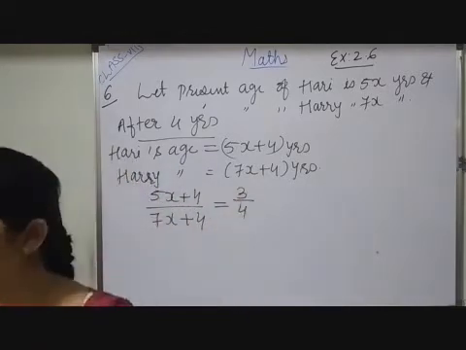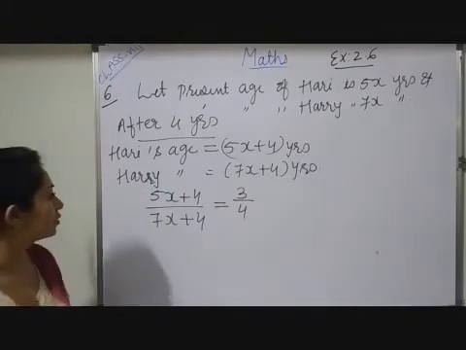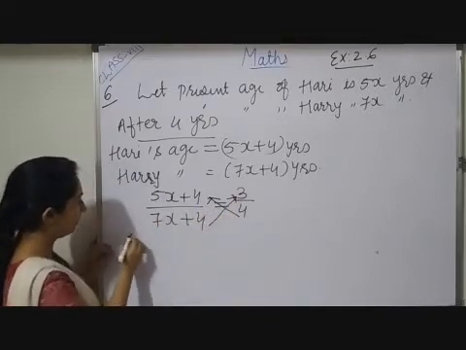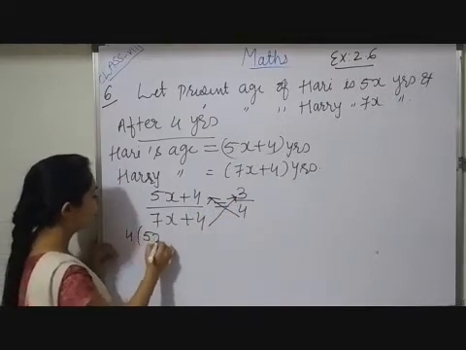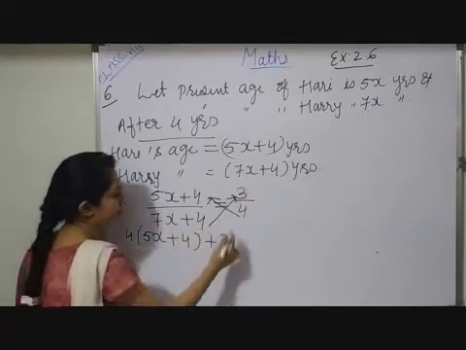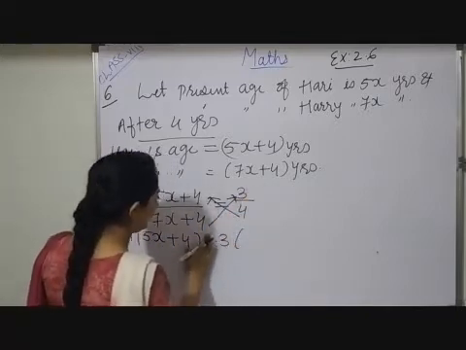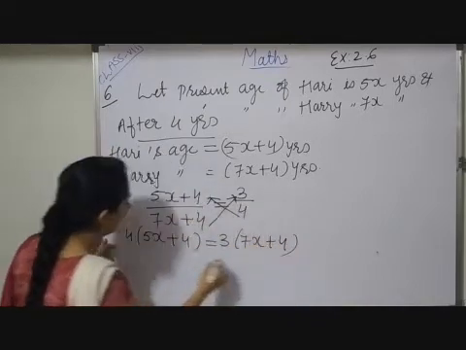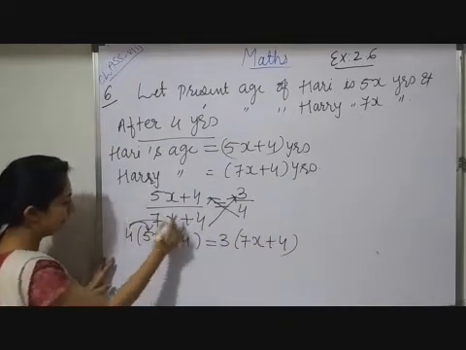Find their present ages. So how to solve it? We'll do cross multiplication like this. This 4 will multiply here, so 4 into (5x plus 4) is equal to 3 into (7x plus 4).